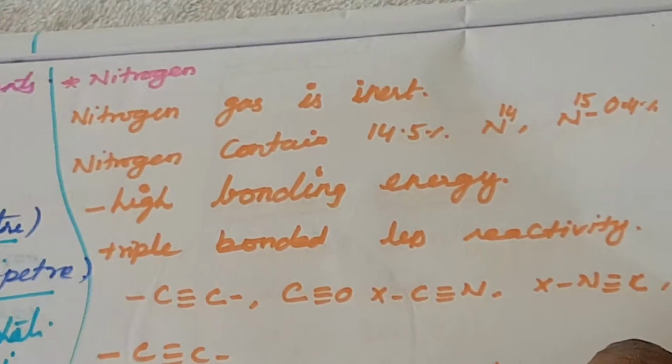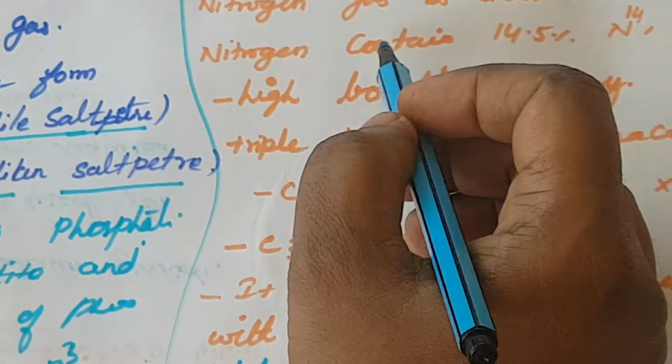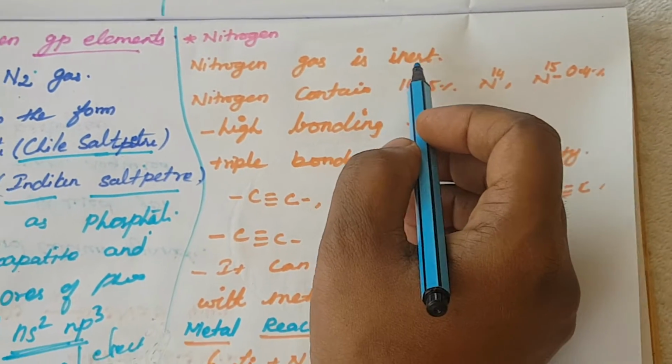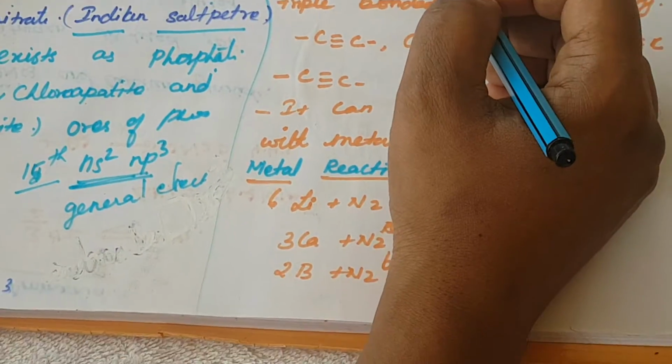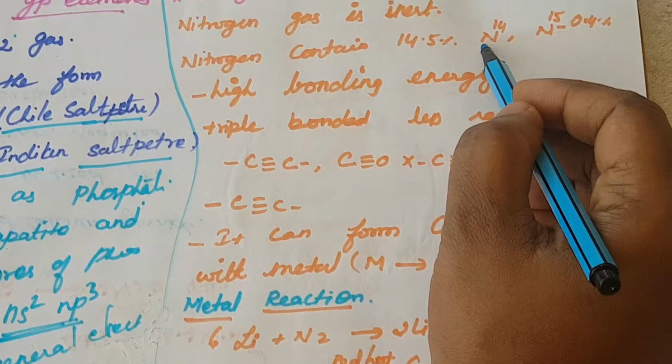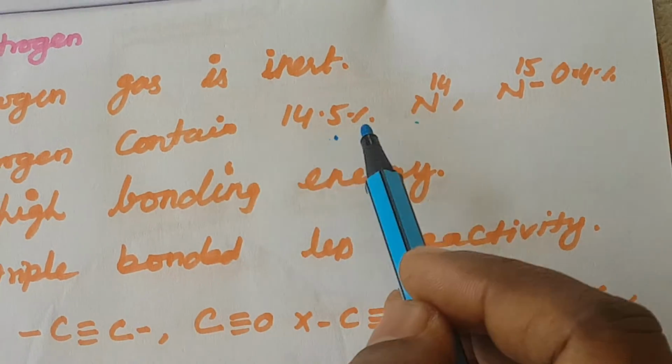Next, the physical properties of nitrogen. Nitrogen gas is inert in nature. Nitrogen contains 99.6% N14 and 0.4% N15, which are isotopes of nitrogen.